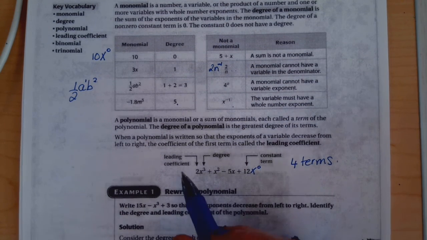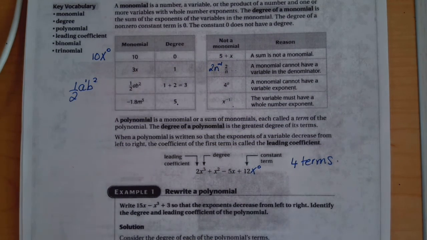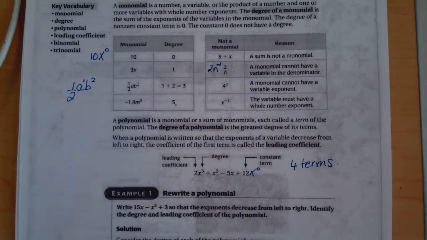So the leading coefficient is the number that is in front of the degree that is the highest degree. So we have x to the third, so that means the leading coefficient is going to be 2. And the degree is the one with the highest degree. Okay, so they go together, and we're going to practice that. So let's go ahead and do some.